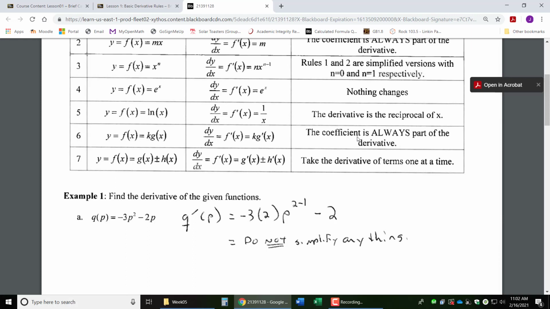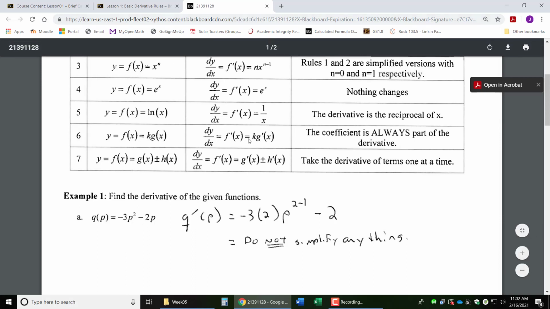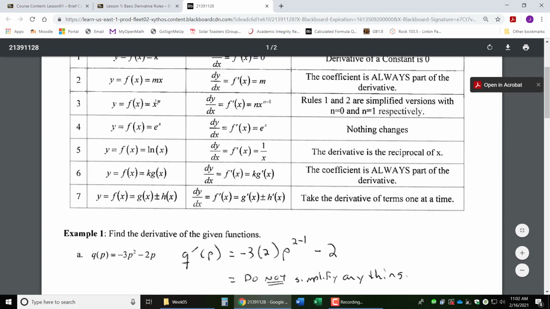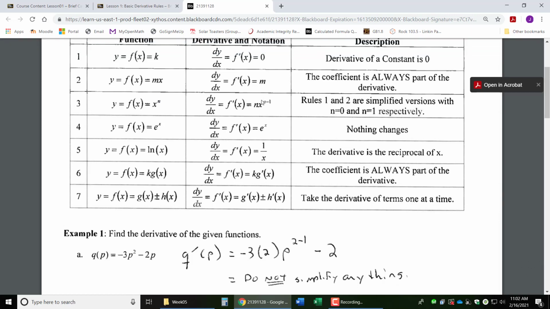These coefficients are always a part of the answer no matter what. And then the derivative of the g function, the p squared, goes back to rule 3, where we have that exponent. The exponent goes in front to become a new coefficient, and then we subtract 1 from that exponent.